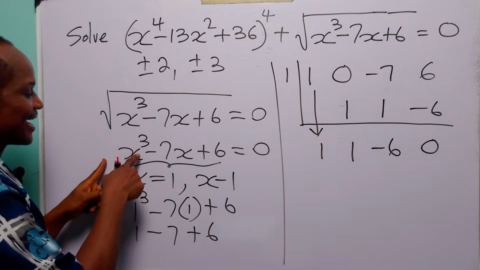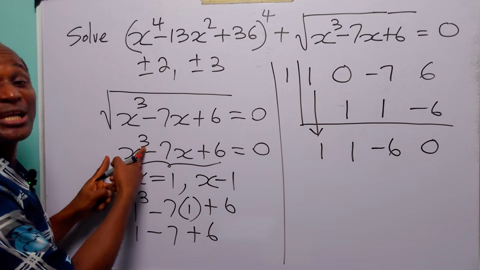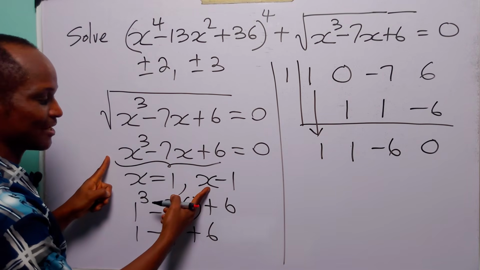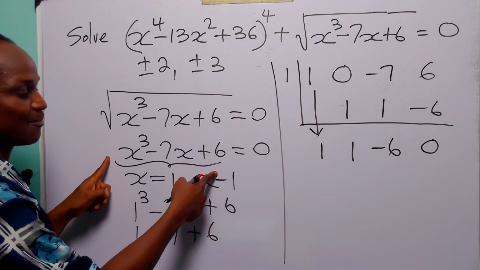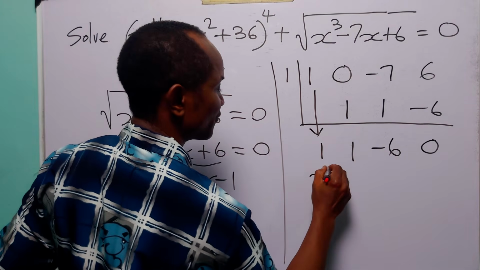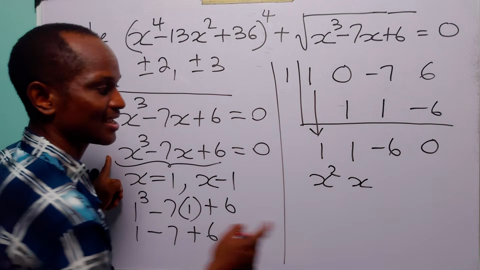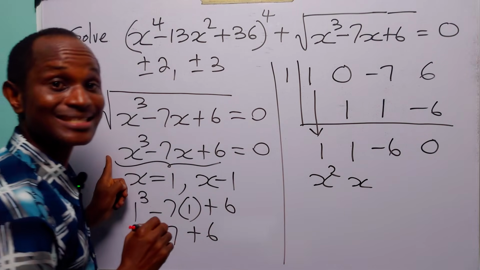Now, we divided a cubic polynomial by a linear term. So we have 3 minus 1, which is 2. So this is the coefficient of x squared. This is the coefficient of x, and this is the constant term.